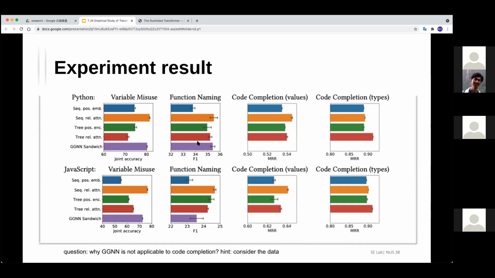And here are the experiment results. Here is a question: why is GGNN not applicable for code completion? I think you can answer this. This is the question Dr. Lin just asked.